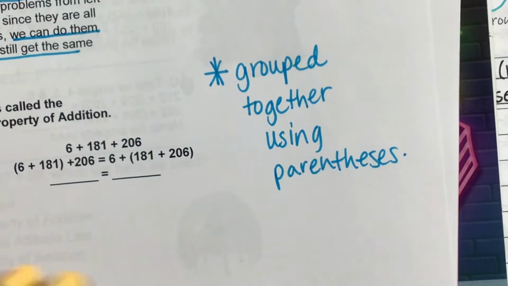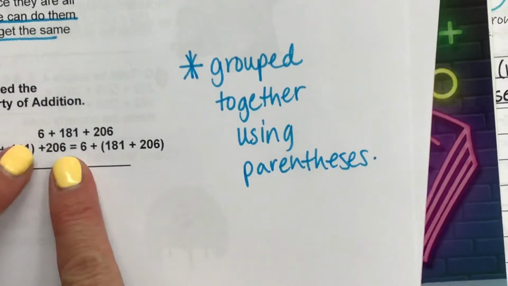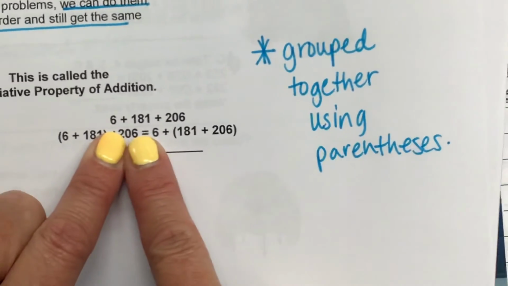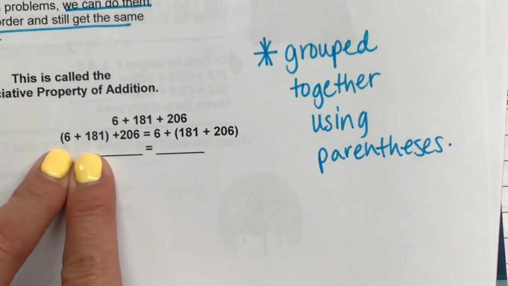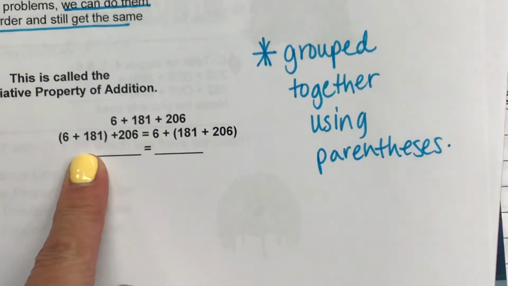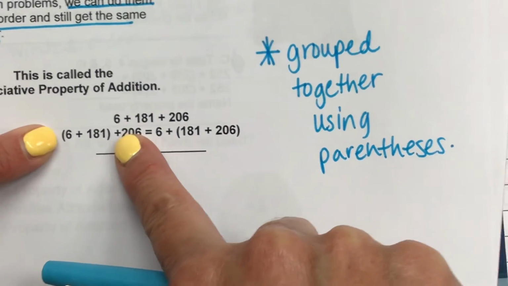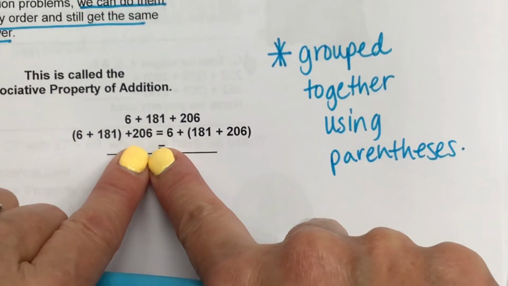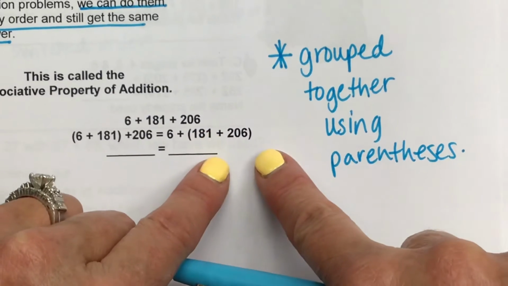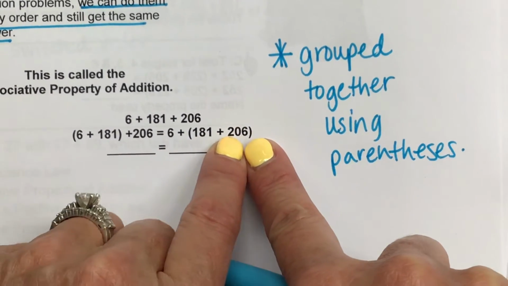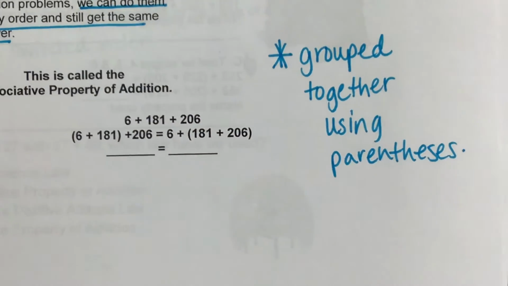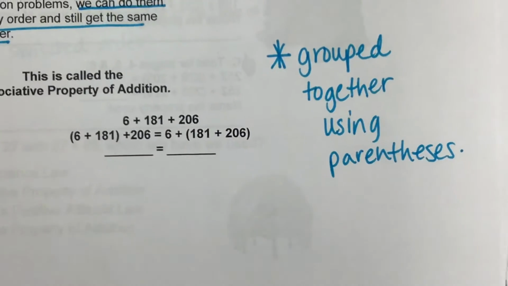So, we have 6 plus 181 plus 206. In the first problem, we have 6 plus 181 plus 206. In the second problem, we're going to do 181 plus 206 first, and then add 6.